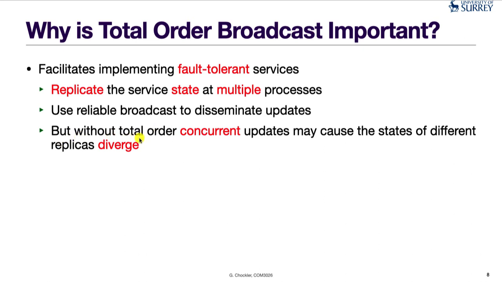However, if we don't have a total order guarantee for the reliable broadcast that we use, then updates issued concurrently by multiple clients may cause the states of different replicas to diverge. That would basically render our service unusable. So with total order, we won't have this situation.